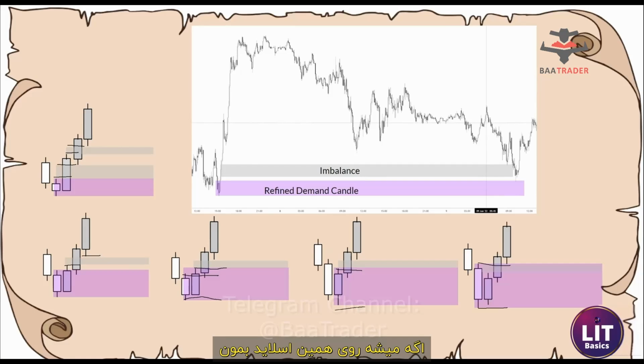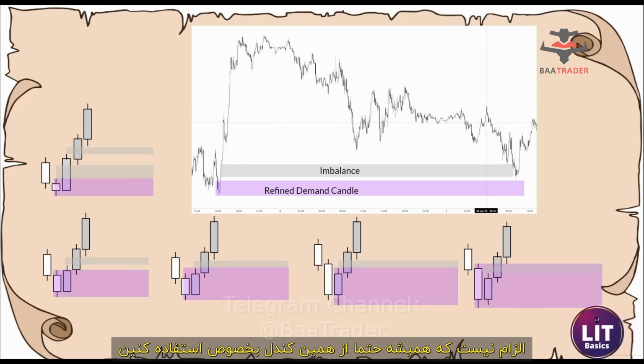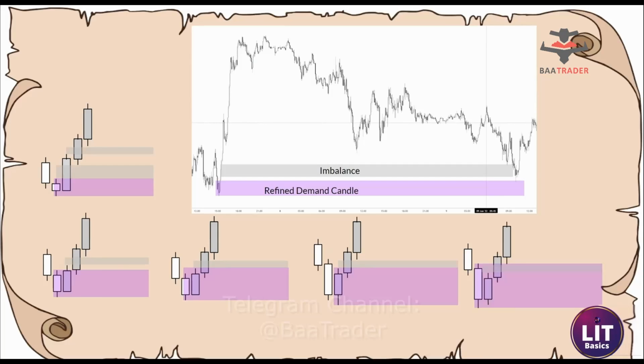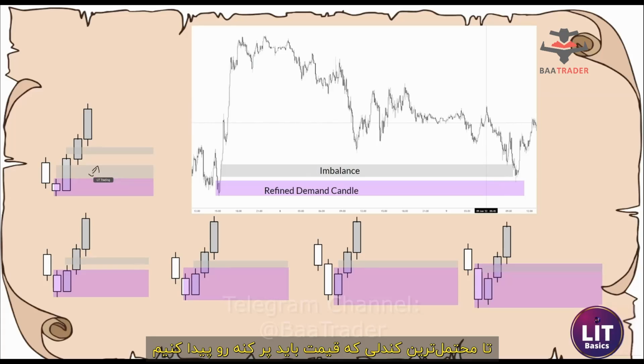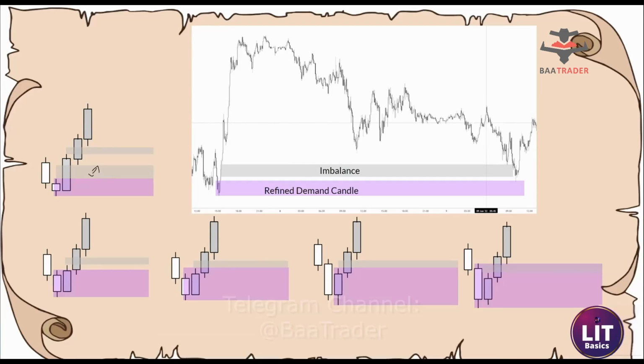So as you can see, there's no ultimate guideline that you always have to use these specific candles. There are multiple variations to it. But as you can already see, it's about using the imbalance to find out which candle price probably has to fill. Then we use the candle below that, or we switch this around on the next slide to above that.